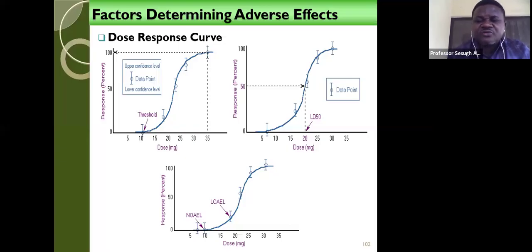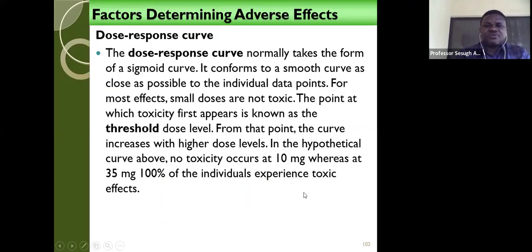It will just continue to be flat, because by that time maybe all of the organisms are dead. So you will not observe any change again. That is the kind of information we get from the dose response relationship.